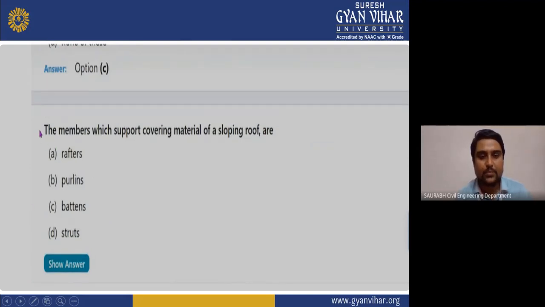Come on the next question. The members which support the covering material of a sloping roof are rafters, purlins and battens, struts. Here the right answer will be A, which is known as rafters.